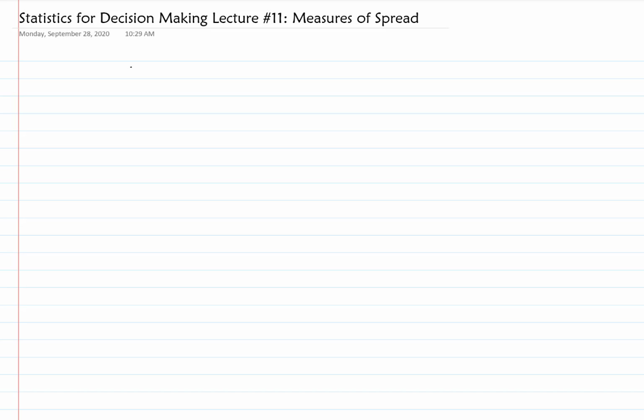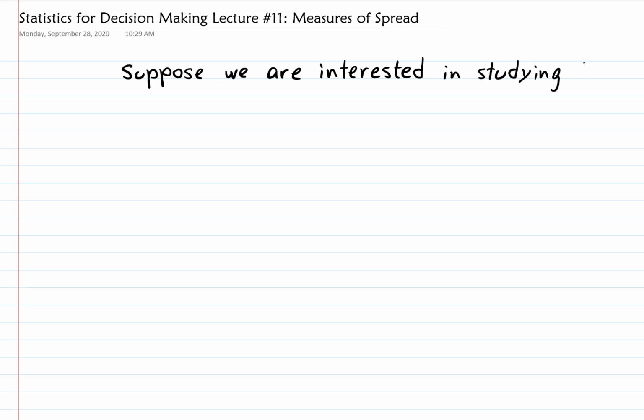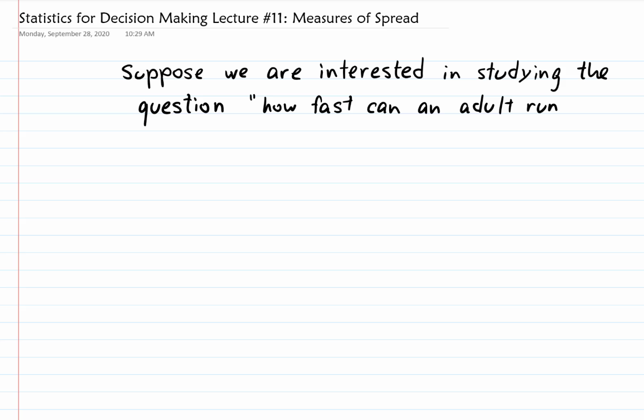Okay, so suppose we are interested in studying the question, how fast can an adult run 50 meters?